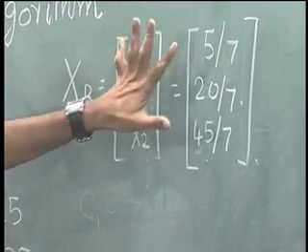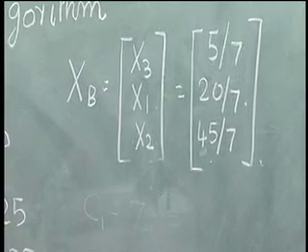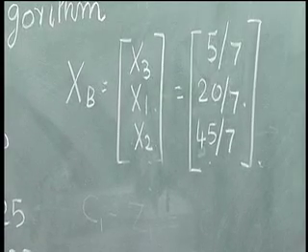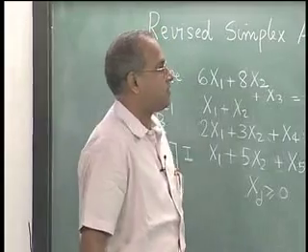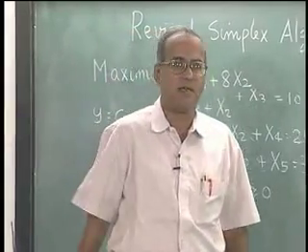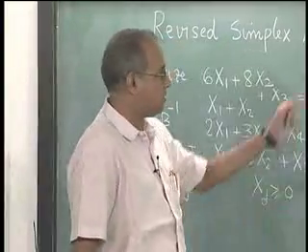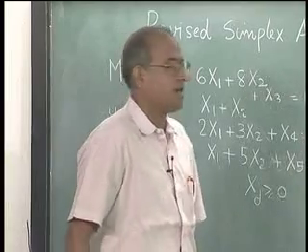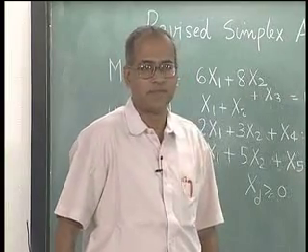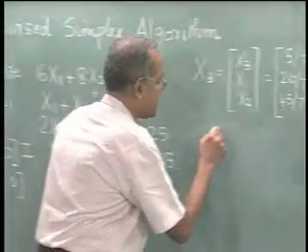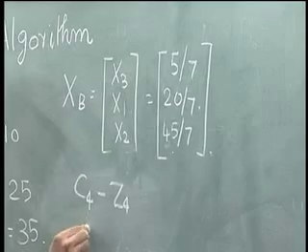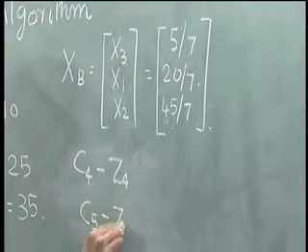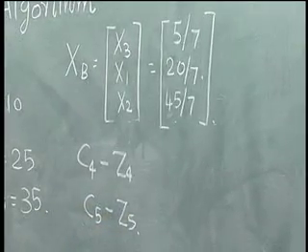Now, for this set of basic variables, we need to find out whether this is optimal, and to find out whether this is optimal, we have to find out the Cj minus Zj corresponding to the two non-basic variables, which are x4 and x5. So, we have to find out C4 minus Z4, and C5 minus Z5.